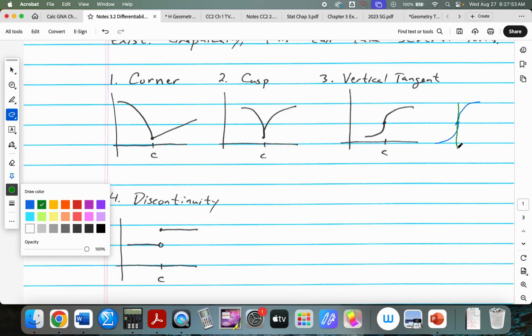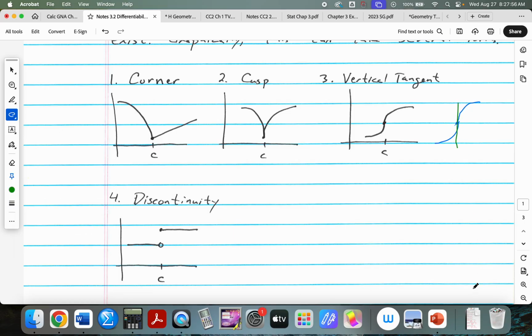It actually goes through the graph, which is why this is different than the tangent for a circle. So since that line is vertical, its slope is undefined, and therefore the derivative is undefined. It has a tangent line, but the derivative is undefined because the slope of the tangent is undefined. So you can have a tangent line without having a derivative at a point if the tangent line is vertical.